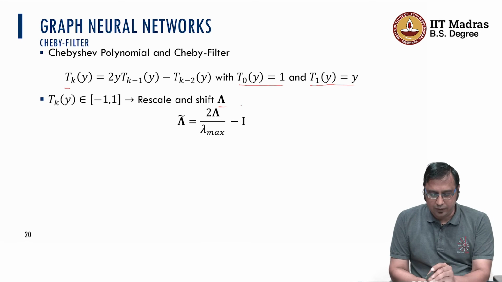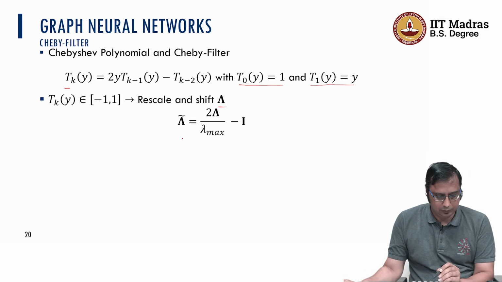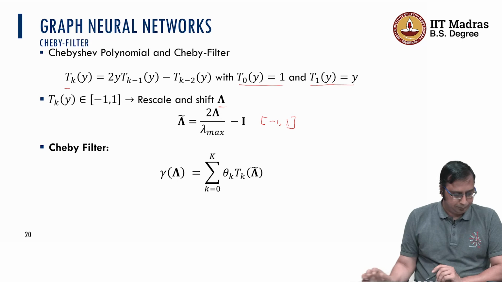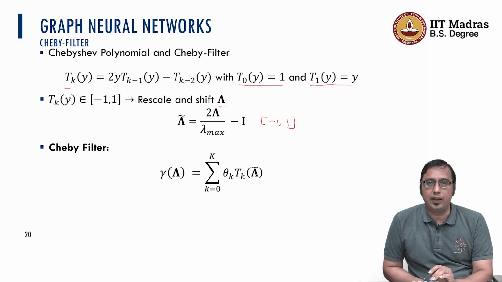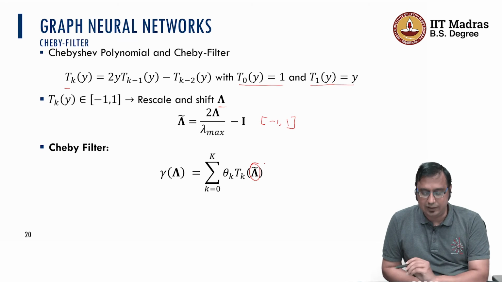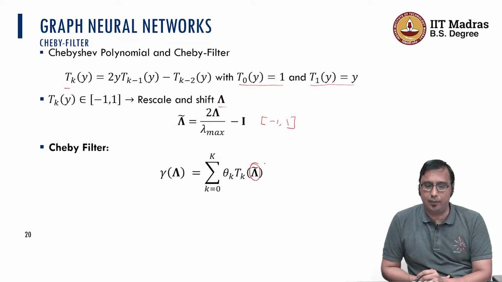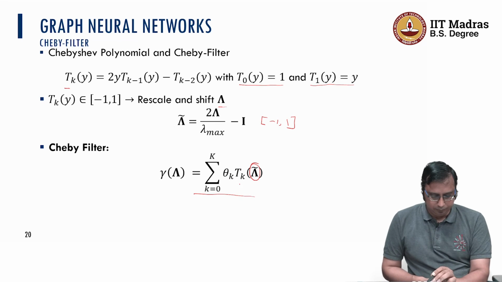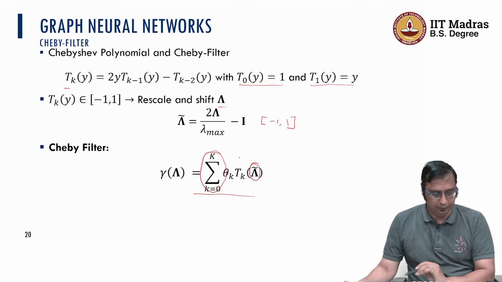So all eigenvalues after this scaling will be between minus 1 and 1. With this rescaling and shift in lambda, we can define our Chebyshev polynomial in terms of the scaled eigenvalue matrix lambda tilde, and the filter will be given by the Chebyshev polynomial with parameters of order k.